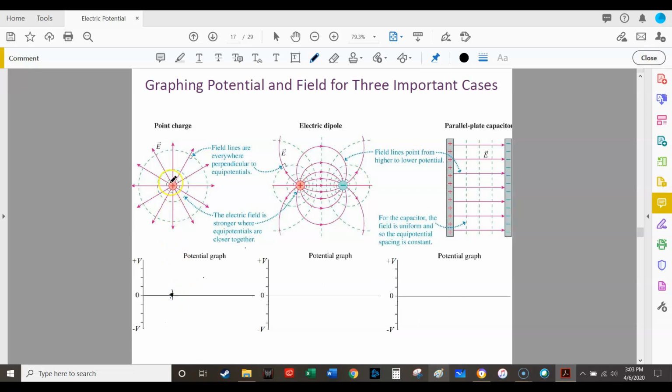Okay, so that's the center of the proton. And so a positive charge is going to create a high positive voltage value. So this proton is going to have its highest point right here. And since distance is inversely proportional to voltage, the further out you go, the more it's going to drop off.